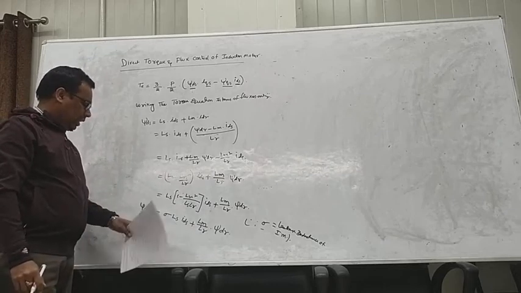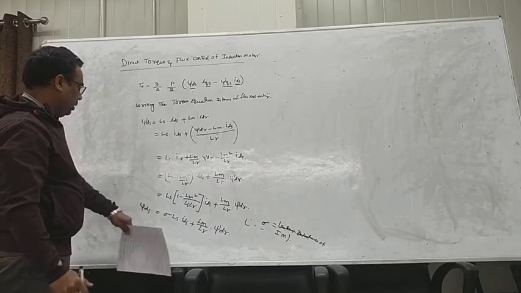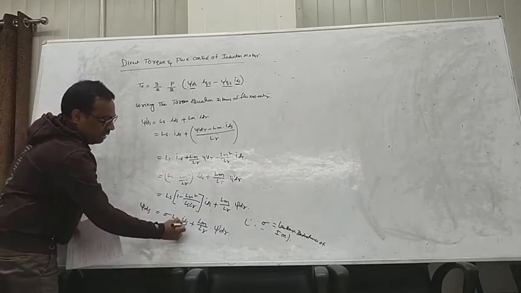From this equation I would like to write down the expression for IDS, because now I need the IDS value.